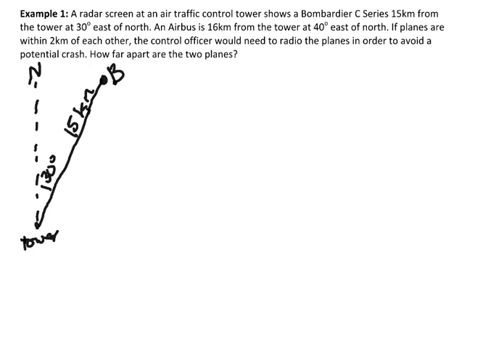Then there's also an Airbus, and the Airbus is over here. Let's call that A for the Airbus. And it is 16 kilometers from the tower. And the angle from the north is 40 degrees east of north. So this angle in here is 40 degrees.